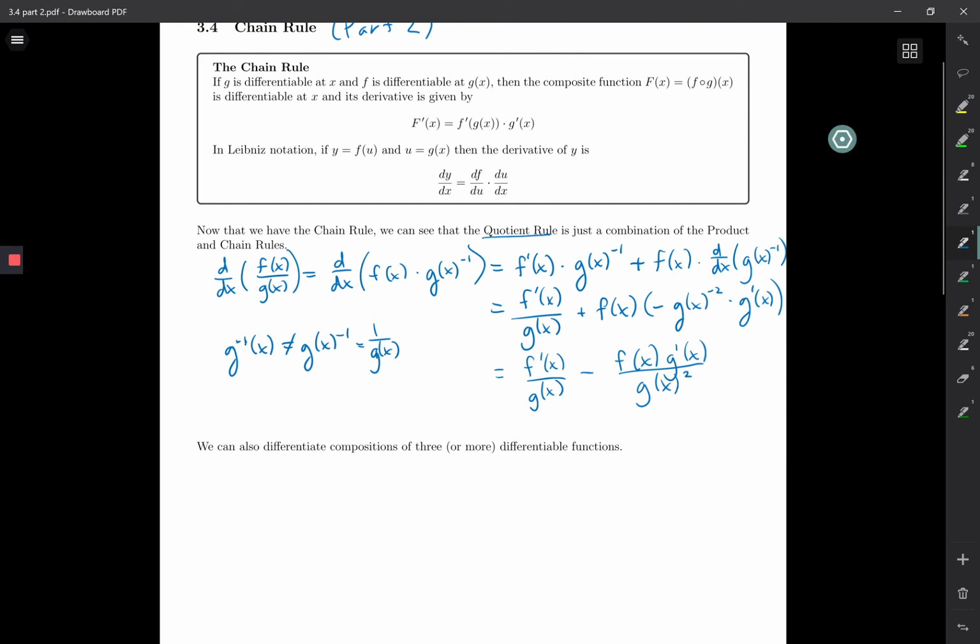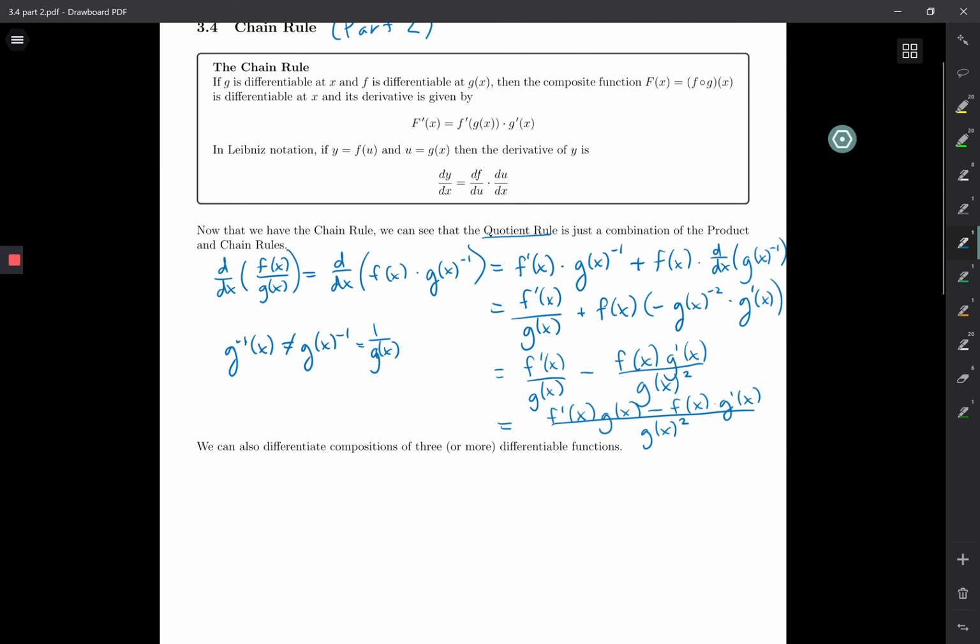If we want to combine these into one fraction, we find the common denominator, so we would need another copy of g of x in the first fraction. Multiplying top and bottom by g of x, we get f prime of x times g of x minus f of x times g prime of x over g of x squared.